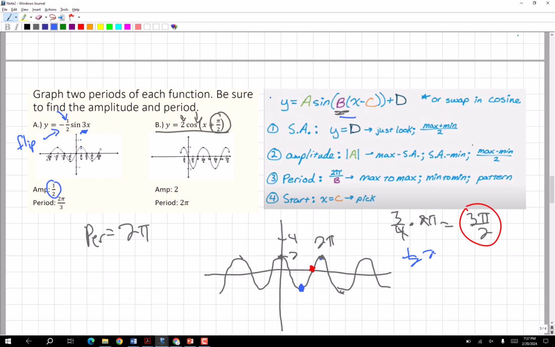So half of 2 pi, 2's cancel, 1/2 times 2 pi is just plain old pi. And then right here, I see the pattern now, is going to be 1/4 pi, or pi over 4. I know they do 1/4, but it's pi over 4. That blue point there is going to be pi over 4.